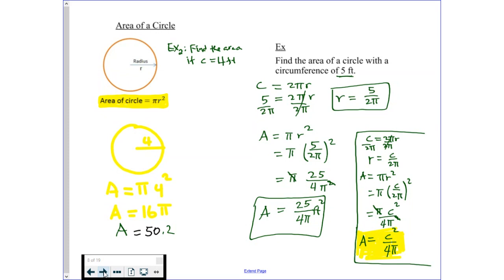Right, in terms of pi. Let's try it. You guys understood the problem?